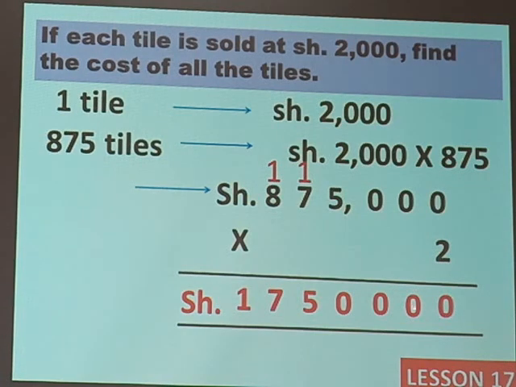We count 1, 2, 3, then we shall put a comma there. Then we continue from there, 1, 2, 3, and the comma comes between 1 and 7. Okay? I repeat, the amount of money for the 875 tiles is 1,750,000 shillings.